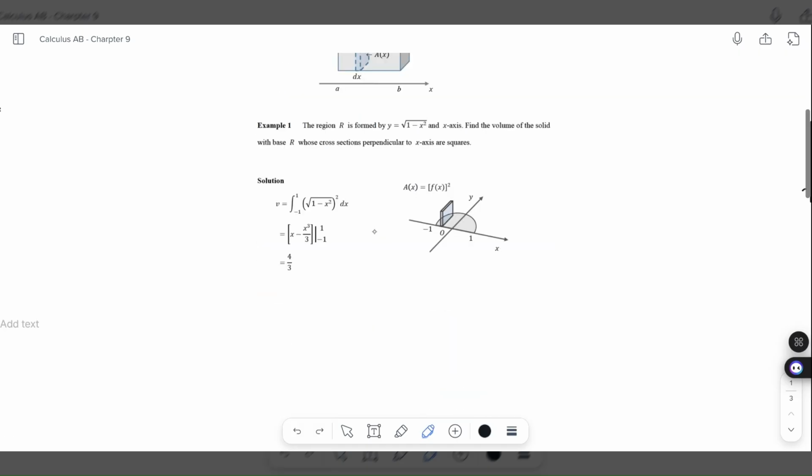Like example 1, the region R is formed by y equals square root 1 minus x squared and the x-axis. Find the volume of the solid with base R whose cross-sections perpendicular to x-axis are squares.